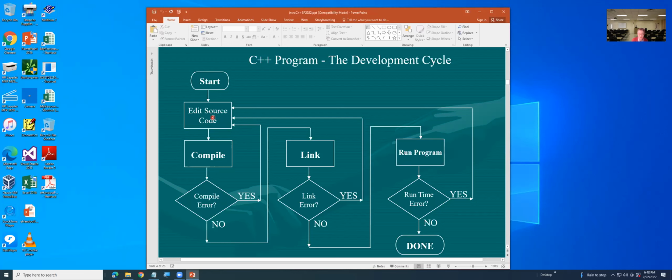Okay? When you get into C++, you start typing the program. After you are done, you have to compile. Compile here means the compiler will check to make sure you follow the rules for working in C++ software.